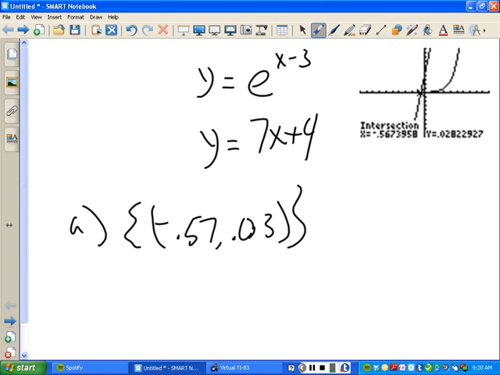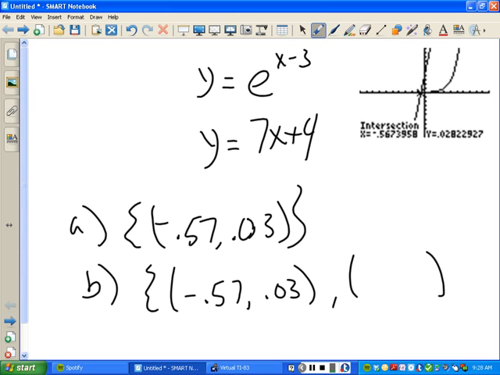And then you see answer B, which is negative 0.57, 0.03, and then there's also some other ordered pair there. And the only one you got was this one, and you didn't get this one. I don't know how to say this nicely, but you screwed up.